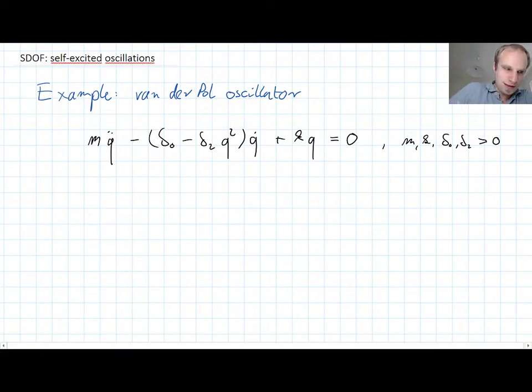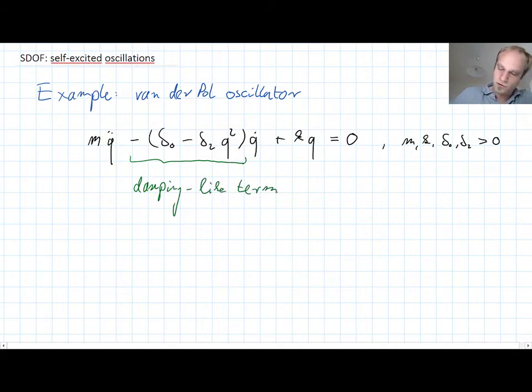And what we see here is a damping-like term. So usually we would expect here in a linear sense just a positive constant, which explains the positive viscous damping, but here it's more complicated than that. So first of all, if Q is very small, then this delta 0 here will dominate, so we just have a negative damping.